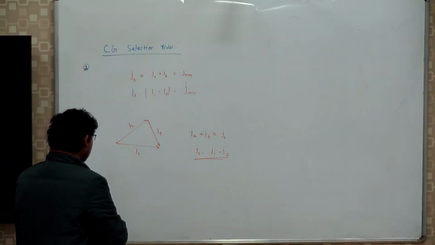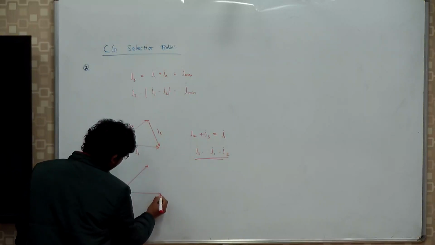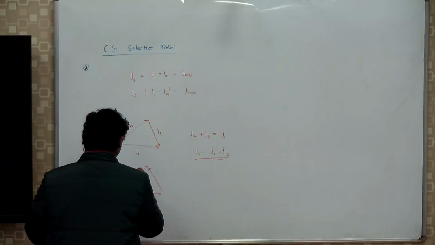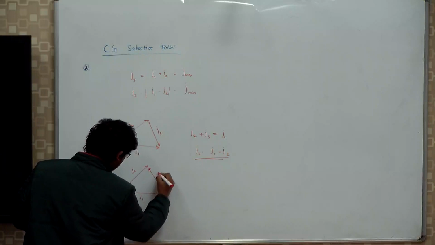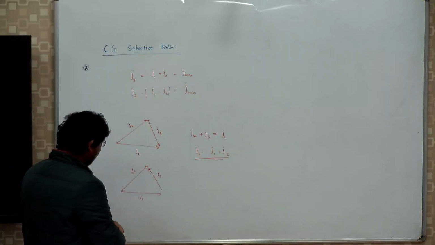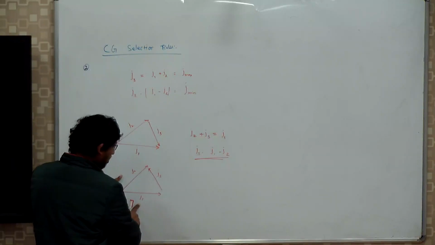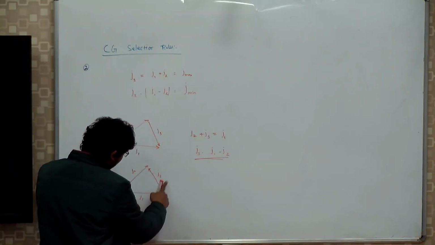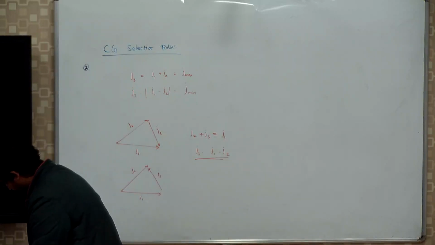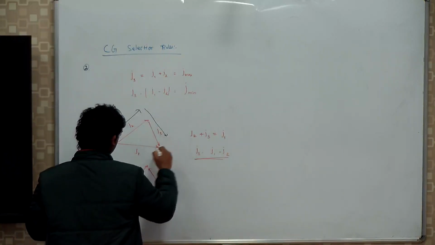In another way, we can also write this equation. Suppose your vector is in this direction, of course this is J2 and J1 and J3. If this is the case, then from this geometry one can write J2 minus J3 is J1, or you can write J1 plus J3 is nothing but J2. Or if you move this way, then you will get this one.